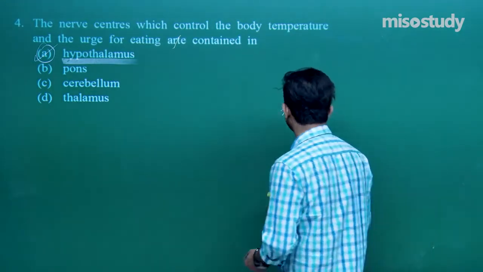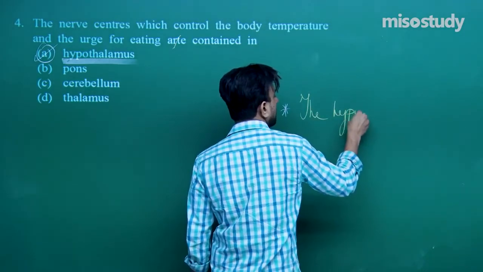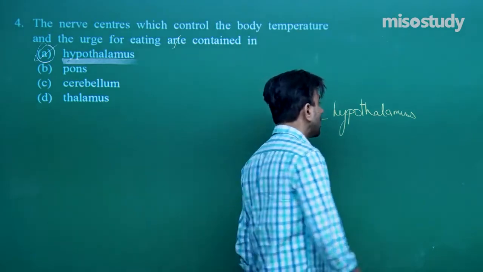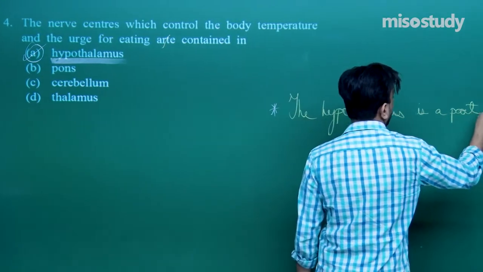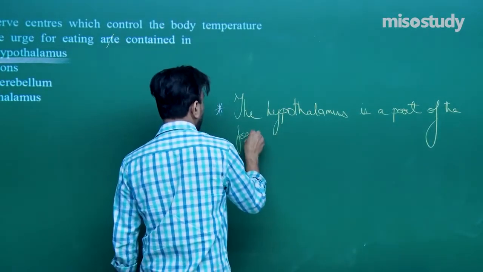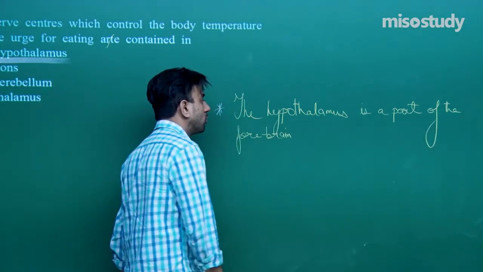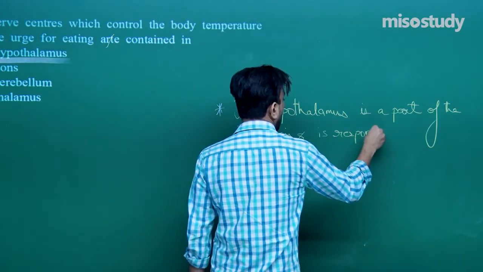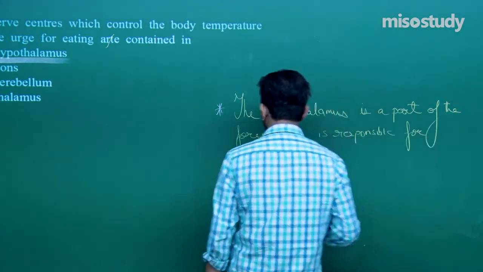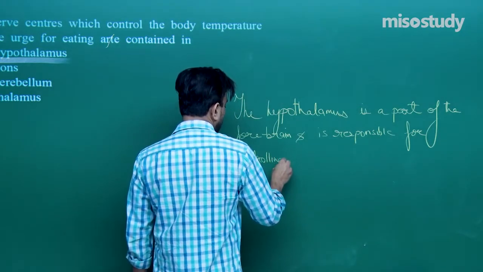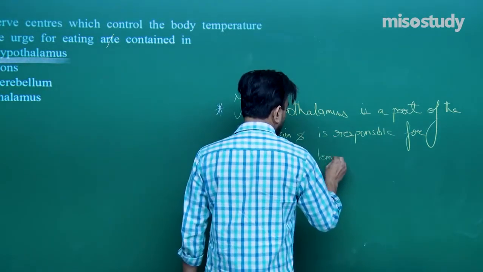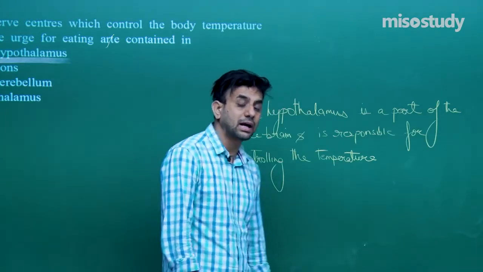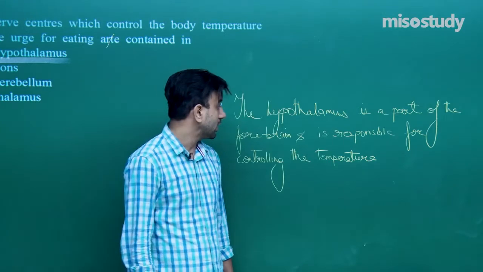The hypothalamus is a part of the forebrain, and is responsible for controlling the temperature of the body, and hence that is the reason why it is also called the thermostat of the body, okay.